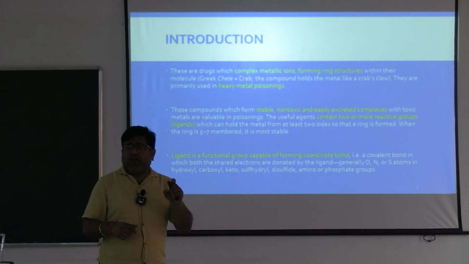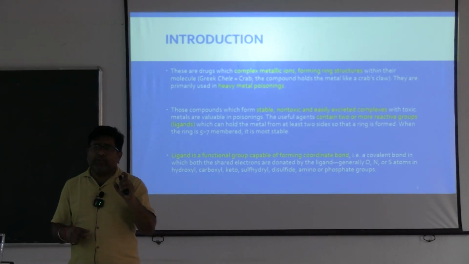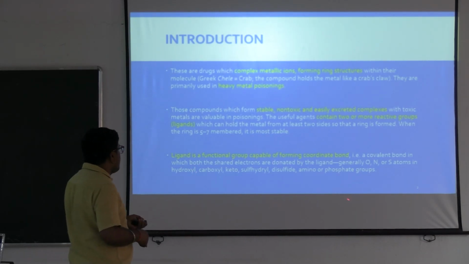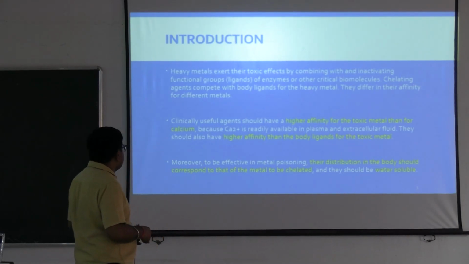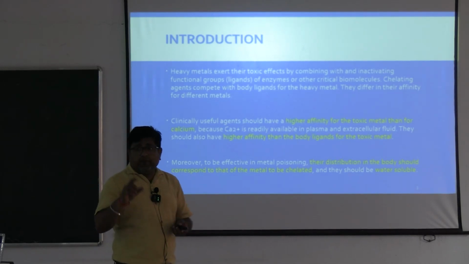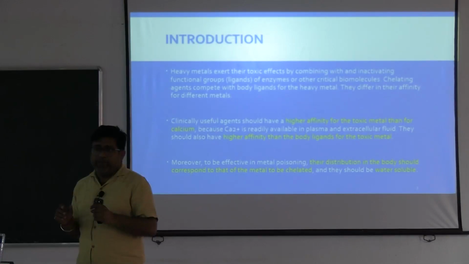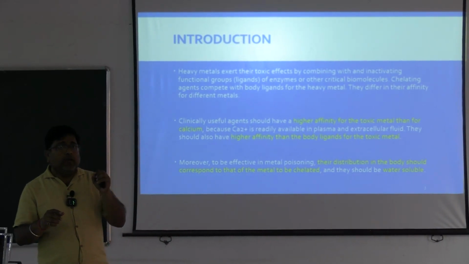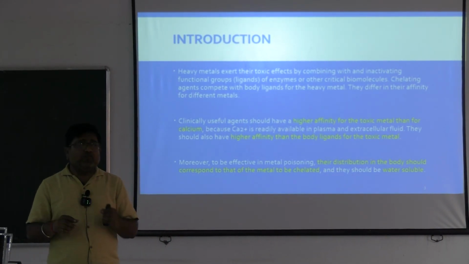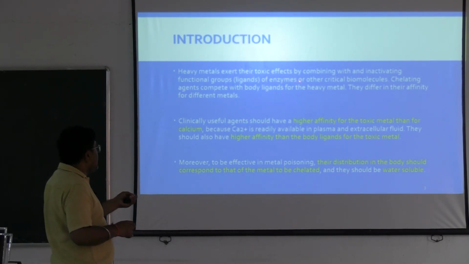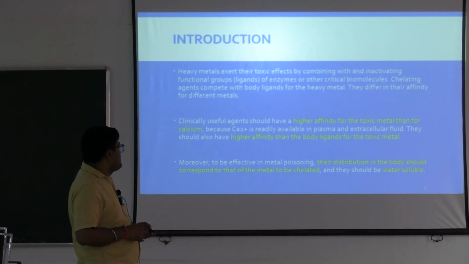When the ring is 5 to 7 membered, it is most stable. Now, a ligand is a functional group capable of forming a covalent bond. Heavy metals basically exert their harmful potential by binding to the reactive molecules in the tissues and inactivating the functional groups in enzymes and other critical biomolecules.